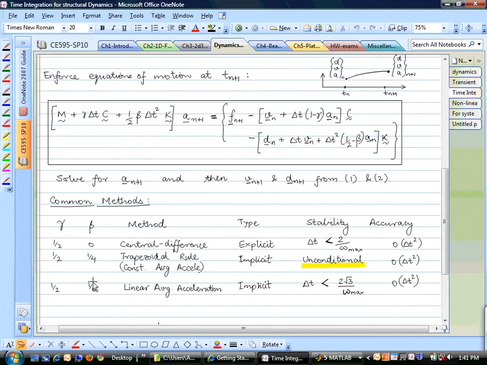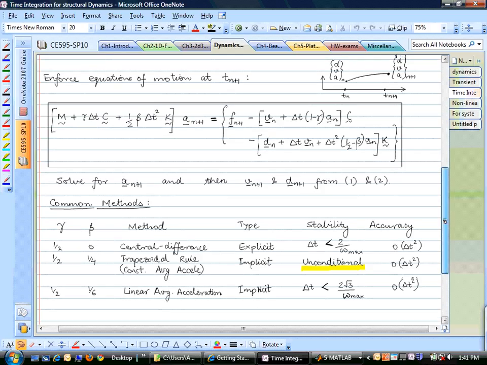So with Abaqus Explicit, if you use a large damping, then you can calculate the final static displacement as well. And the benefit of Abaqus Explicit is that it is an explicit method. It does not have the types of convergence problems that implicit methods do.